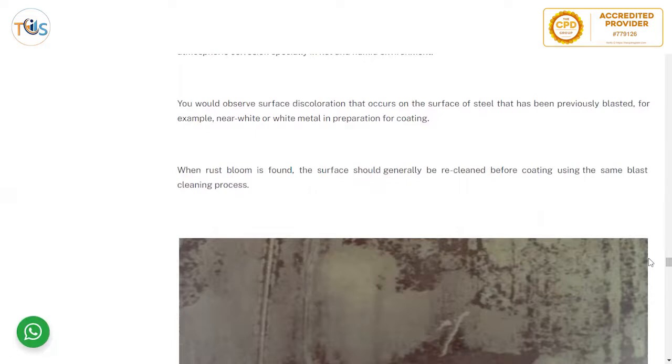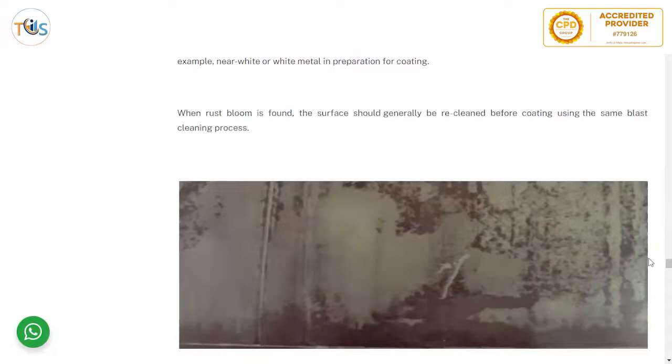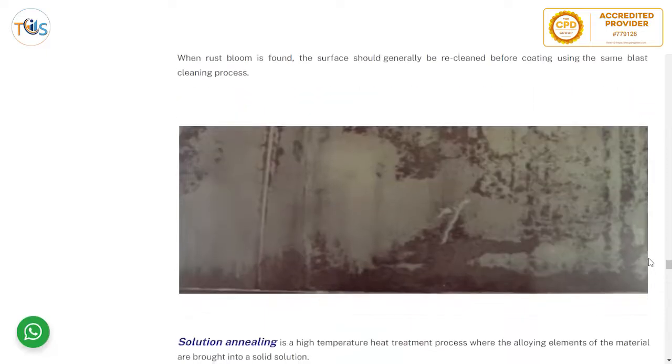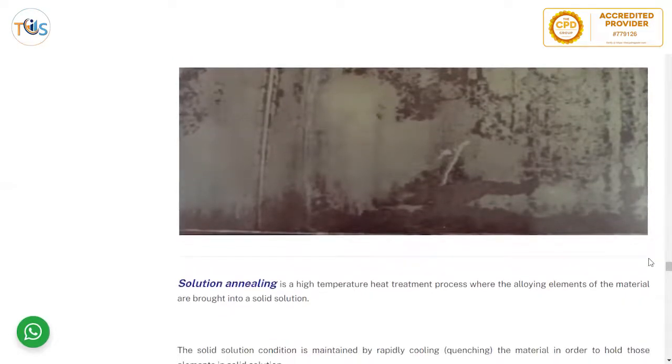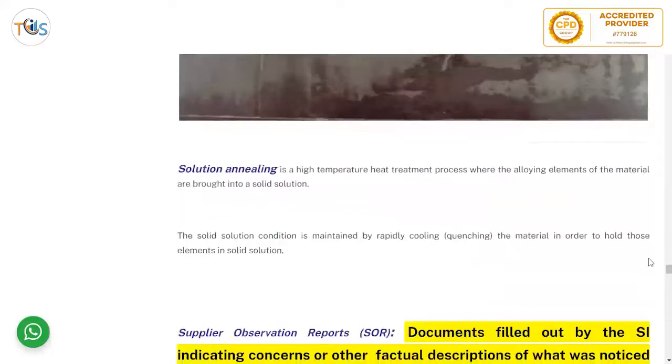You would observe surface discoloration that occurs on the surface of the steel that has been previously blasted, for example, near white or white metal in preparation for coating. When rust bloom is found, the surface should generally be re-cleaned before coating using the same blast cleaning process. So this is one of the defects during the coating or blasting.